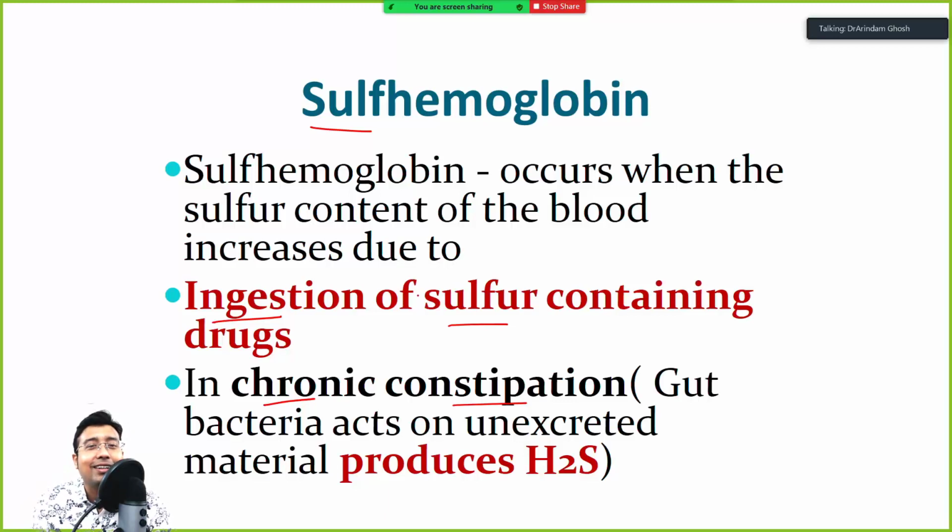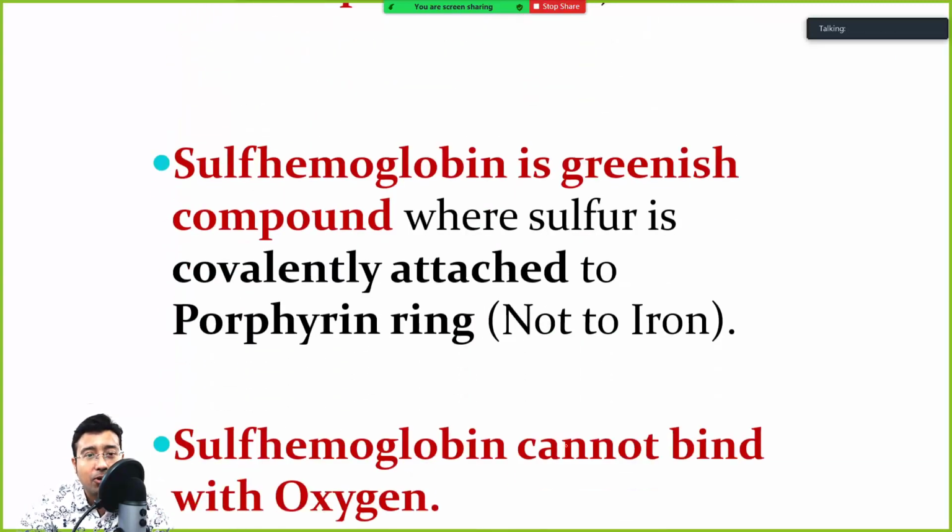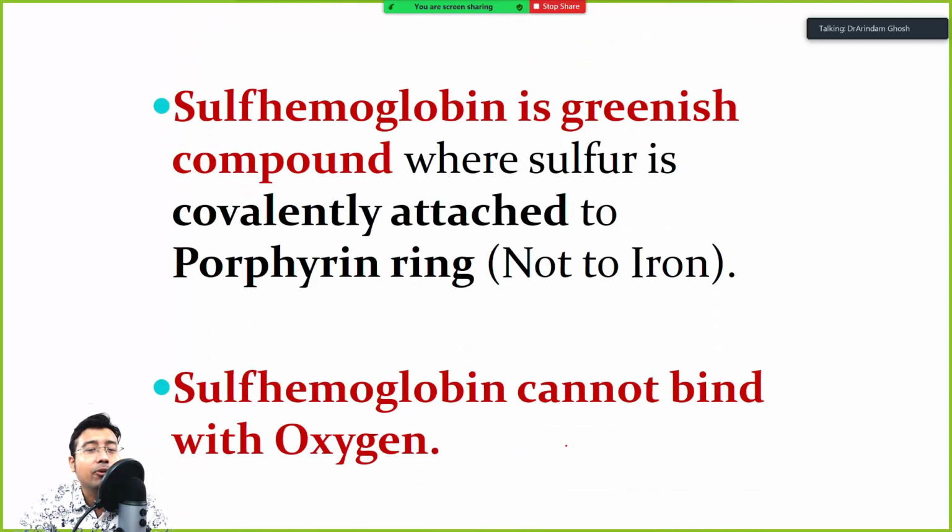Because the bacteria in the intestine acts on unexcreted food material, or that is material present in the large intestine, and they produce H2S. Right? This H2S, if it is produced in excess, is also another source of sulfur that may lead to formation of sulfhemoglobin, right?